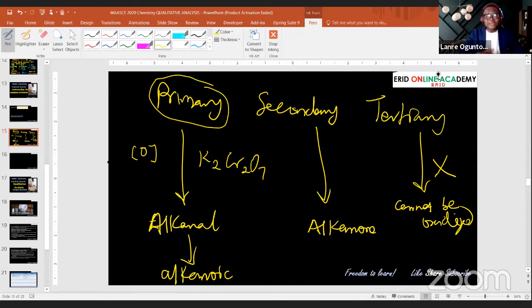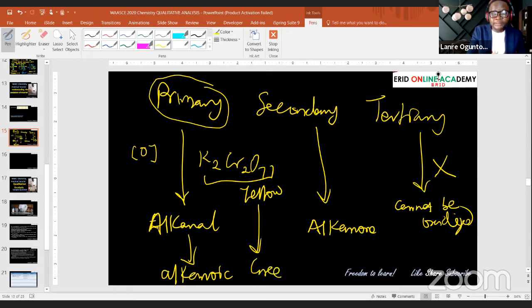But what is going to happen to your potassium dichromate? Your potassium dichromate is a yellow substance. When you add it to your alcohol, it will change color from yellow to green.